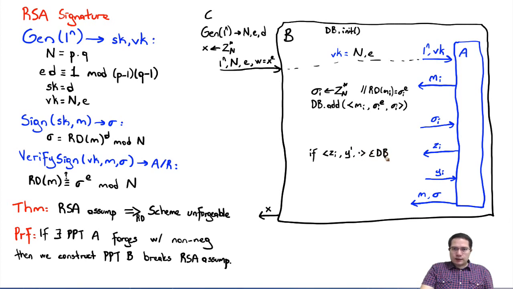So let's say this triple exists in our database where Zi is the first of this triple. Then our job is easy. We already know the corresponding random oracle output. The random oracle output Yi is indeed this Y prime.